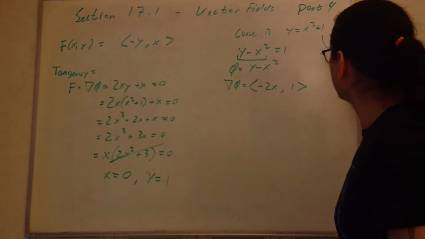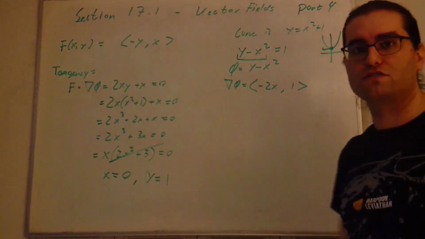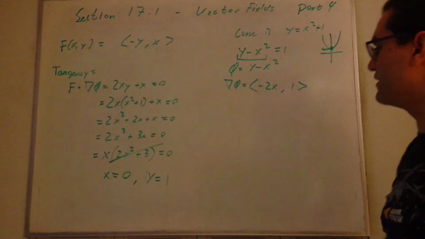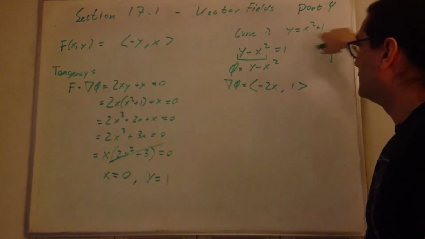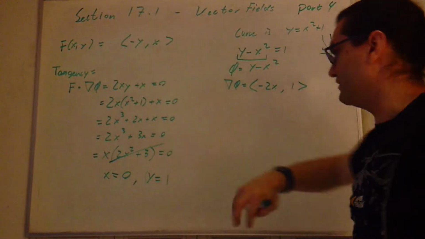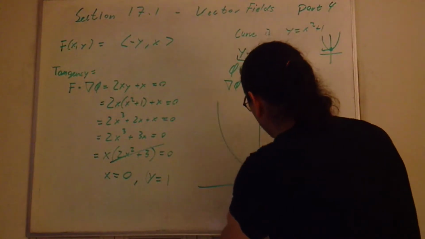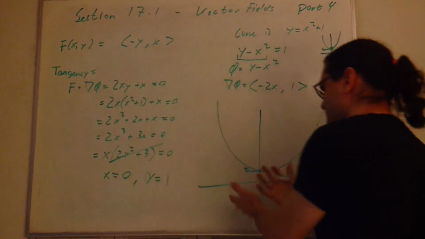The toilet flush goes this way at that point. So I'm willing to convincingly believe that this is the only point on this parabola that is tangent to the vector field. I can do a slightly more zoomed in version over here. Here's the parabola, here's the vector field. Those are tangent.